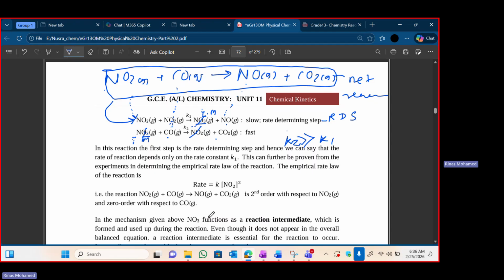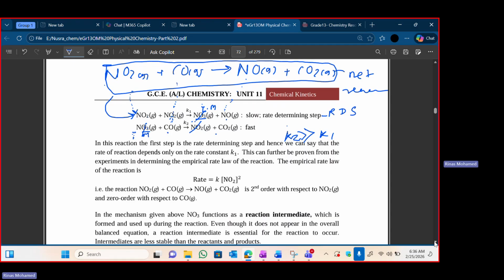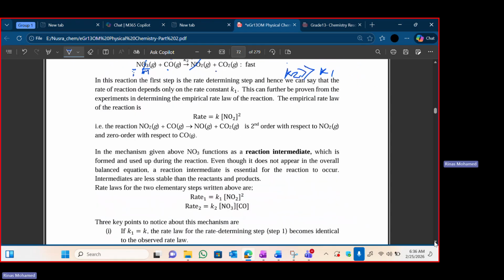So in the rate law, only NO2 gas will come. So the rate law you can find is rate equals K into NO2 squared, right? Second order with respect to NO2 gas. Then NO3 is the intermediate of the reaction.